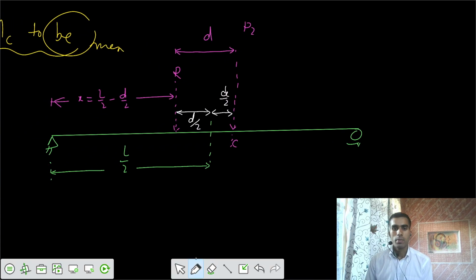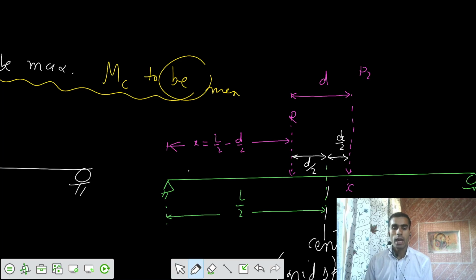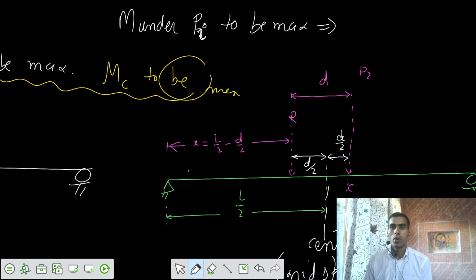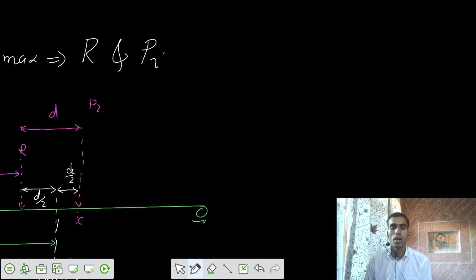If this was your center of the beam, midspan, we can write the conclusion: for the moment under point load P2, or we can say Pi, the concerned load, to be maximum, your resultant and Pi are equally spaced, or equidistant, from the center.